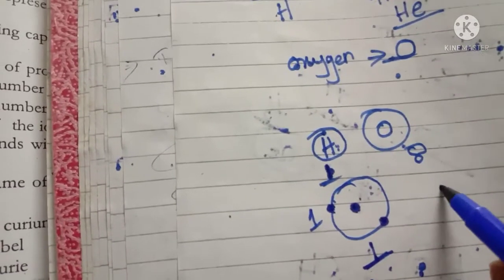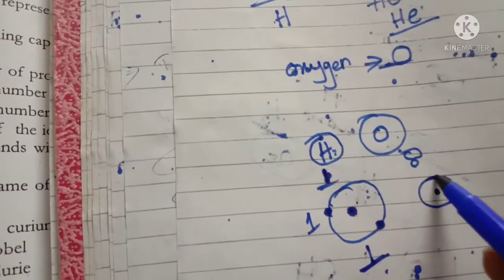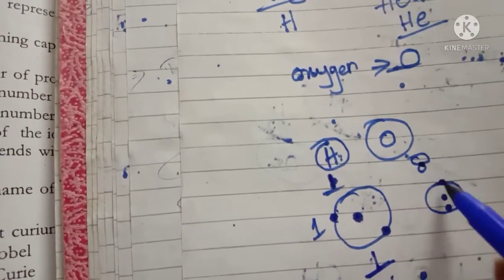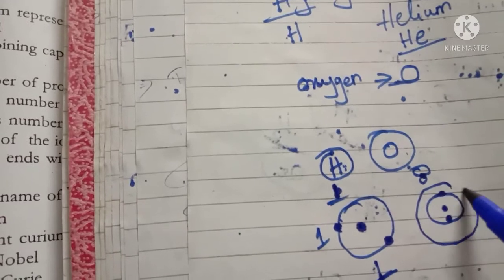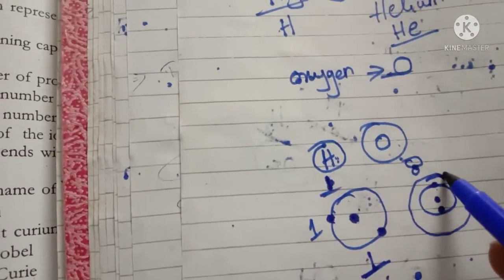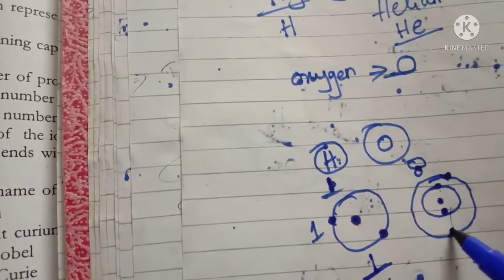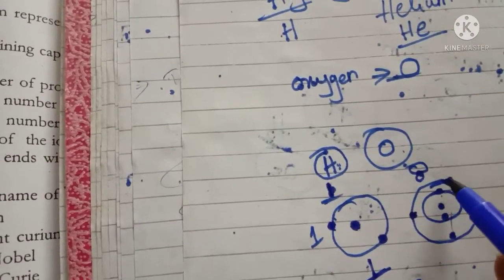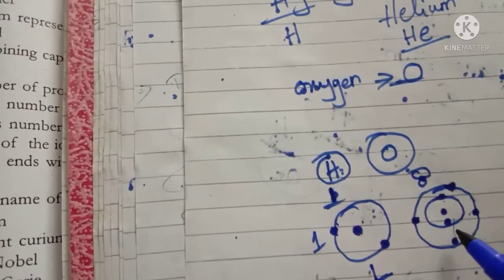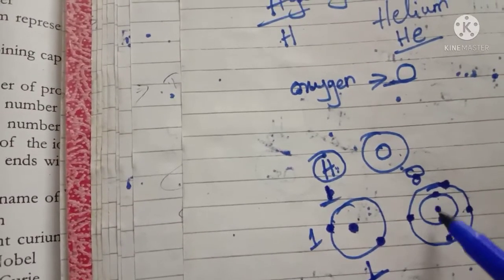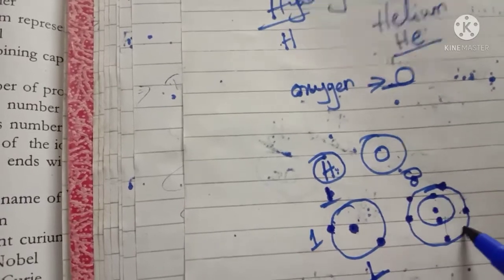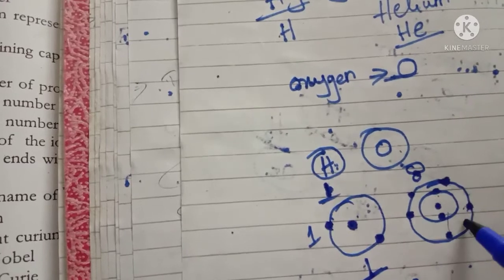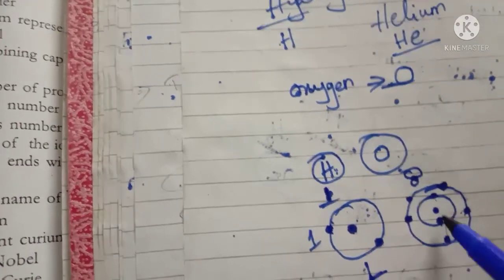What about oxygen? See, in the first shell 2 electrons will be. What is the atomic number? 8. That means 8 electrons you have to distribute. 2 in the first shell. In the second shell, how many will be there? Okay, 8 has to be there, but how many are there? 6.